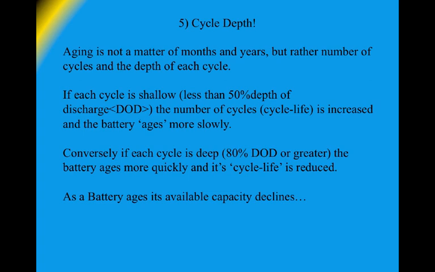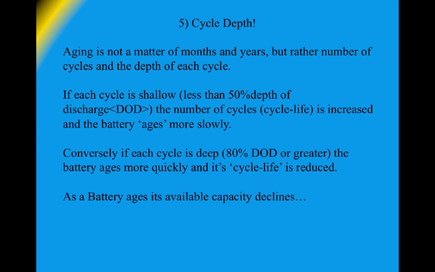The fifth parameter I want to touch on is cycle depth. Now, aging of batteries is really not greatly a matter of months and years, but rather the number of cycles and the depth of each cycle.